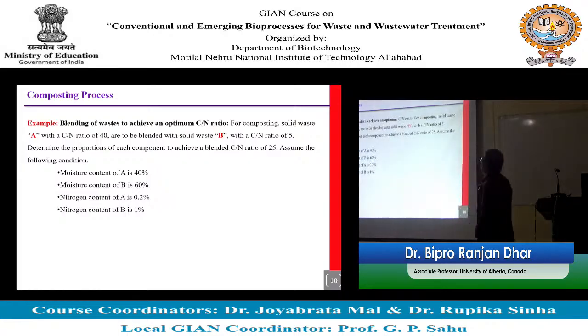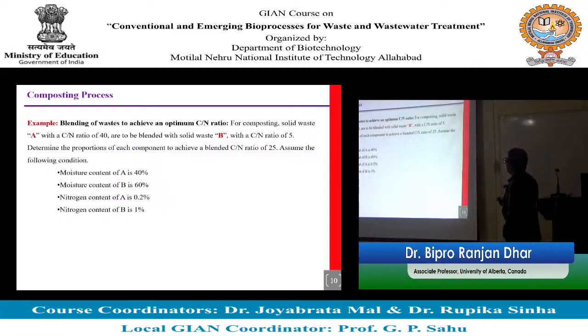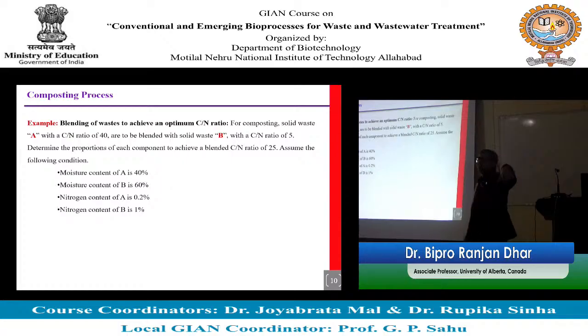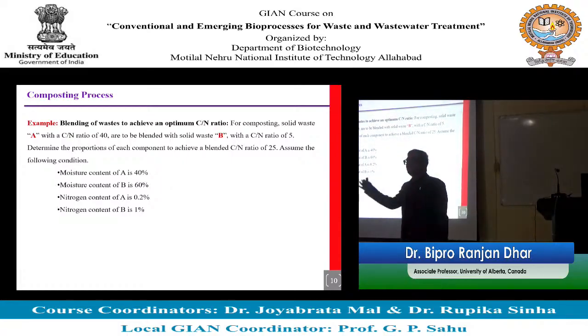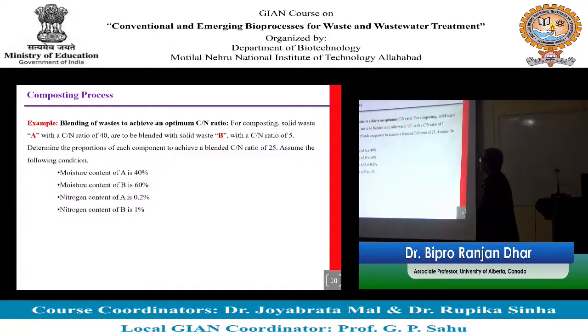Blending of waste to achieve an optimum carbon to nitrogen ratio. For a composting process, solid waste A with a carbon to nitrogen ratio of 40 is to be blended with solid waste B, which has a carbon to nitrogen ratio of 5. So we have a primary feedstock with a C to N ratio of 40, and a secondary feedstock with a very low C to N ratio of 5.